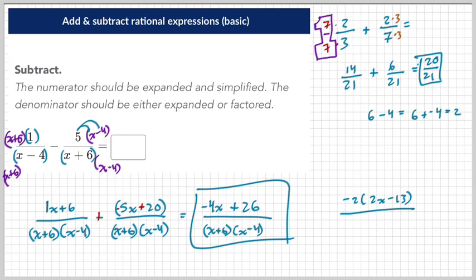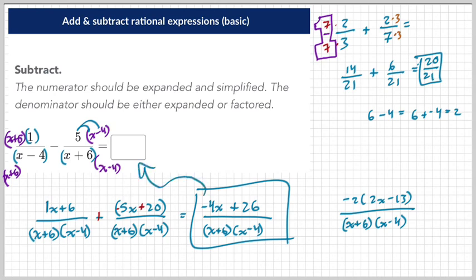And then the denominator is x plus 6 and x minus 4. Sorry, did it again. There's no common factor. We have a negative 2 right here, and then we have a 2x minus 13. We don't see any of those down here, so we can't cancel anything out. Okay, so this is our answer. This is the answer that would go right there.